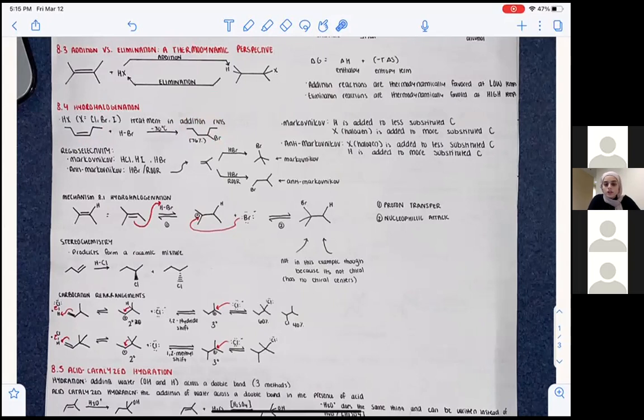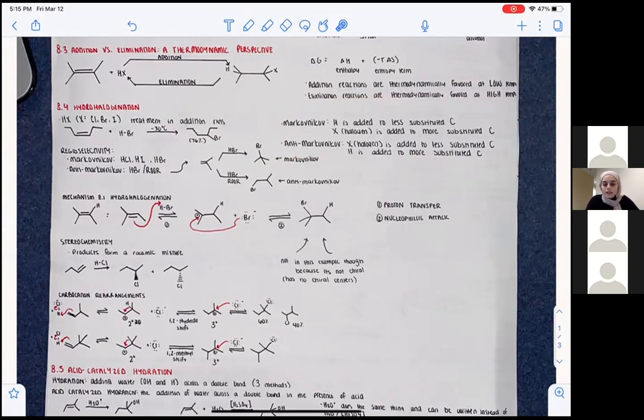Something that we talk about here is that things can be Markovnikov or anti-Markovnikov. For this one, it's interesting because a majority of them are Markovnikov. If you're doing something like HCl, HI, or HBr, then it's going to be Markovnikov. If you don't know what that is, I have this note over here.